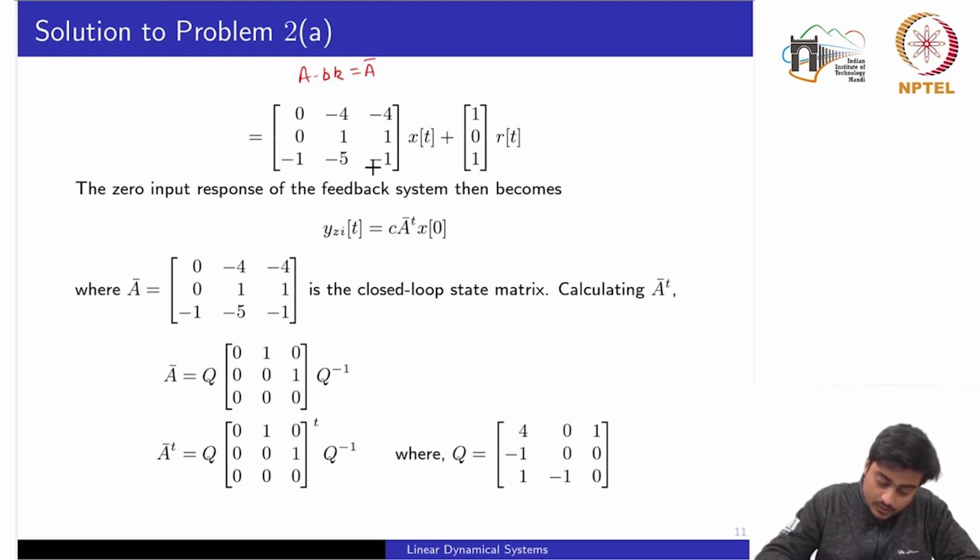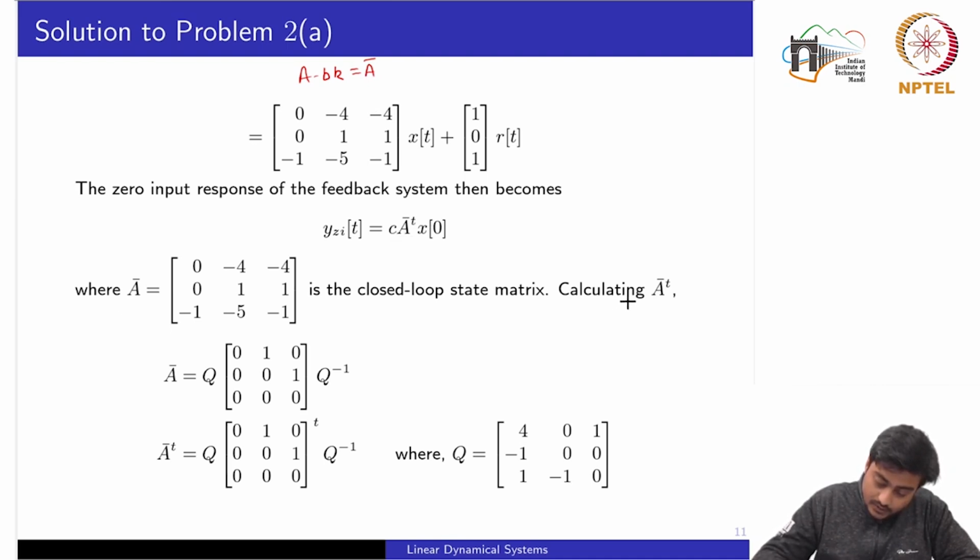Now the zero input response means that we substitute r is equal to 0, and the solution of the discrete time homogeneous system is given by this: the C matrix multiplied by A bar to the power t, where t is discrete in nature, times x of 0. Here A bar is the closed loop state matrix.